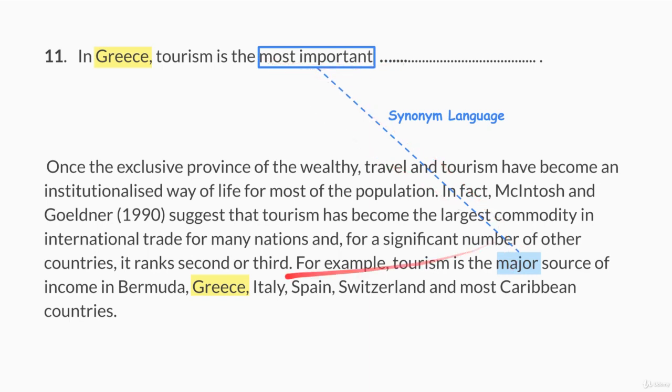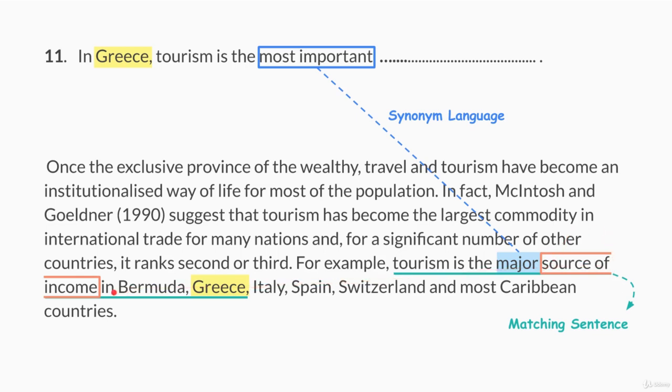Once you have located the keywords and the surrounding words, then you have located what we call the matching sentence. The matching sentence is where you're going to find your answer. It's the most important sentence because that is where your answer is hidden. So in this case, we have found our answer, which is the source of income.